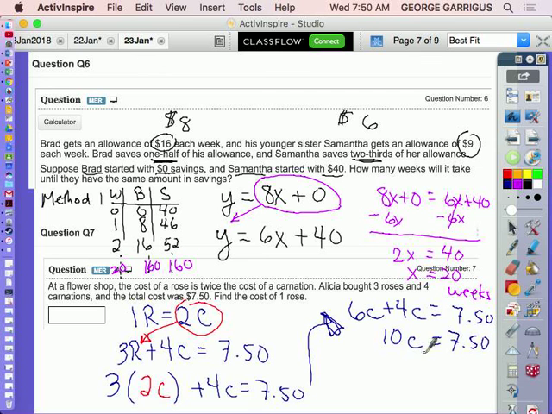And then when I divide by 10, I can see that 1 carnation is 75 cents. If a carnation is 75 cents, then the rose equals twice 75, double that. That's $1.50.